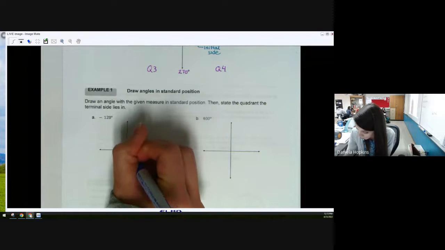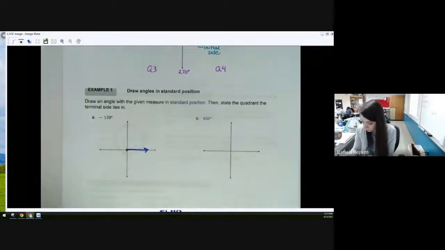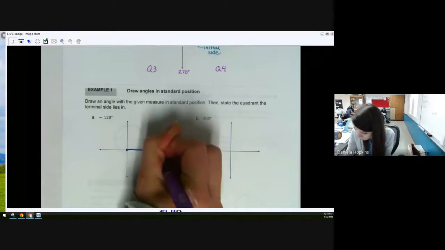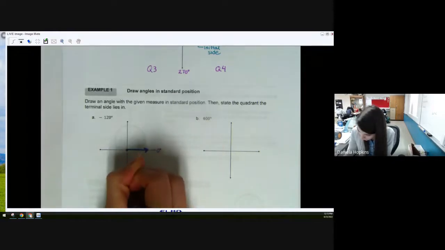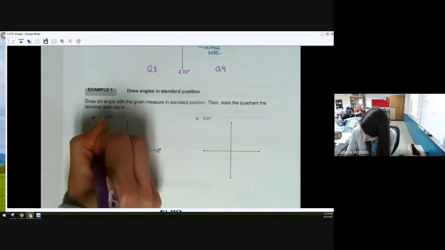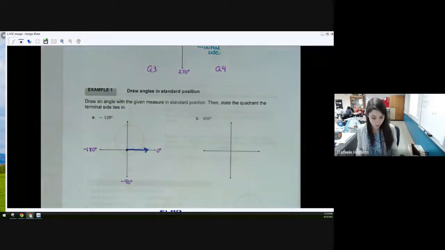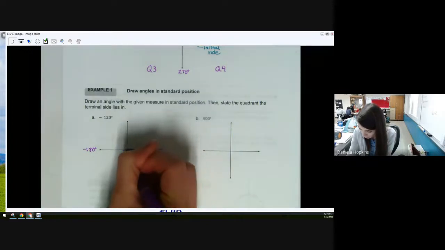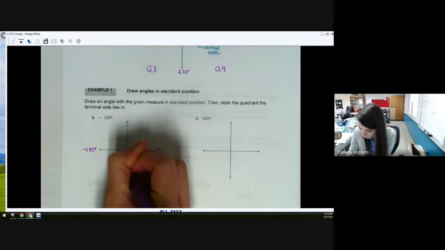So if you think of this as our initial side, and then I'm going to weirdly relabel my degrees. So say this is still 0 degrees, but now let's let this be negative 90 degrees. And this can be negative 180 degrees. We can run backwards. There's nothing that says we can't. So this would be negative 90 and then a little past negative 90.